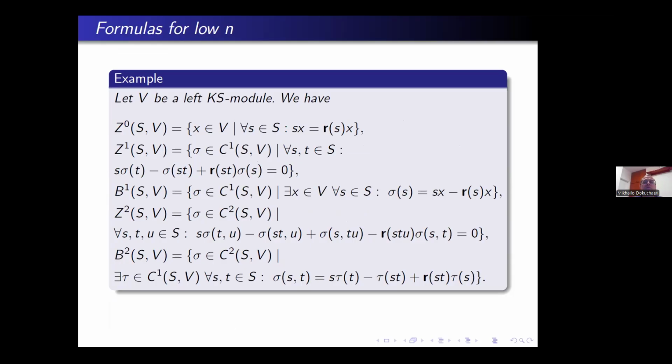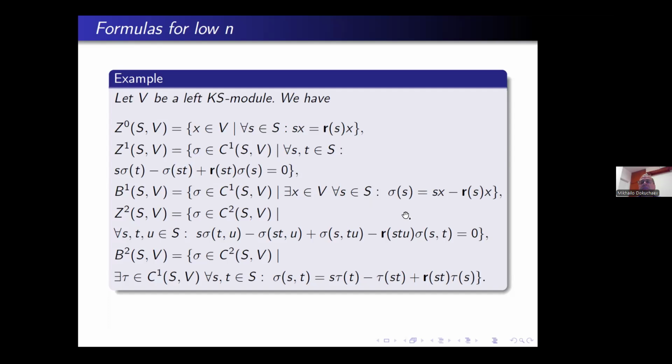And for low cohomology, you can also see formulas which are rather similar to the usual formulas which you have for groups, but idempotents show up. So Sx will not give X, but Rsx. So the idempotents, the range of S appears here. Here, for the one cocycle, the range St appears, but if you ignore this, it's just the usual formula for one cocycle.